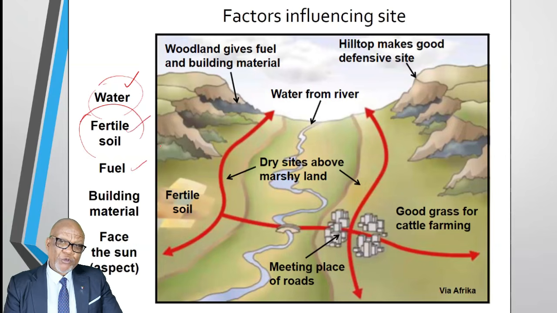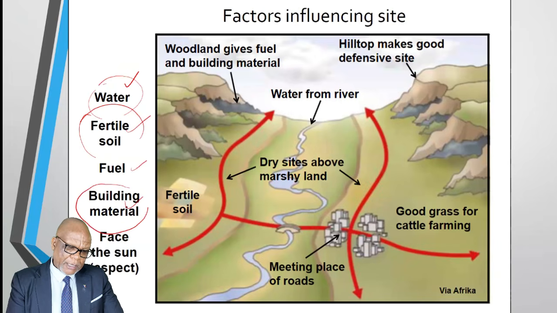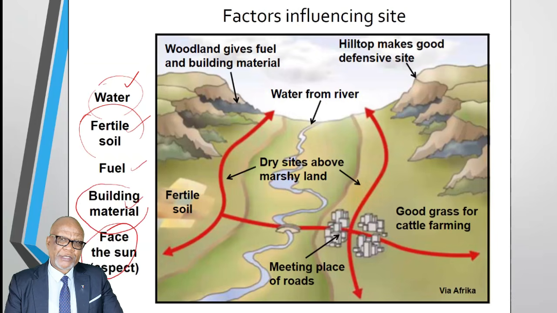They're going to need fuel, which is the trees that can be cut in order to make fire. They also need building material, which is also going to be coming from the trees that can be cut, and the grass that can be used for roofing. And then also we look at the direction to which the slope is facing, which is called the slope aspect.